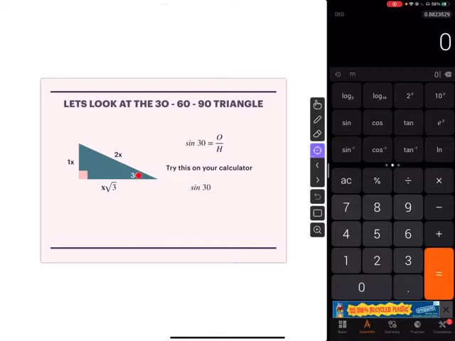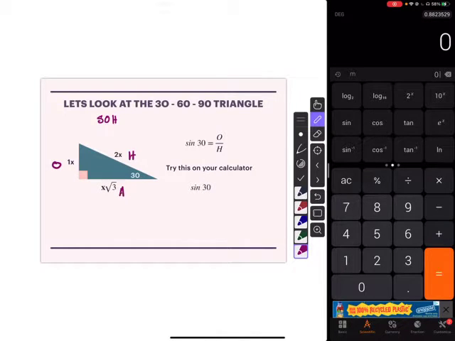If I asked you at this point to find the sine of 30, remember sine is SOH, and relative to 30, this is the opposite, the hypotenuse, and the adjacent. So it'd be opposite over hypotenuse, or 1x over 2x.